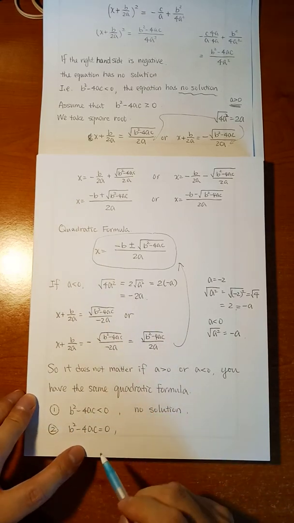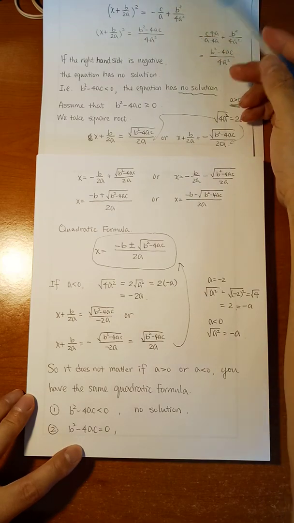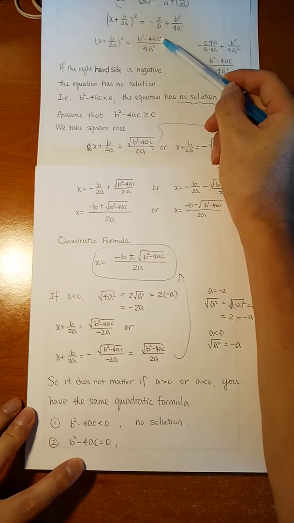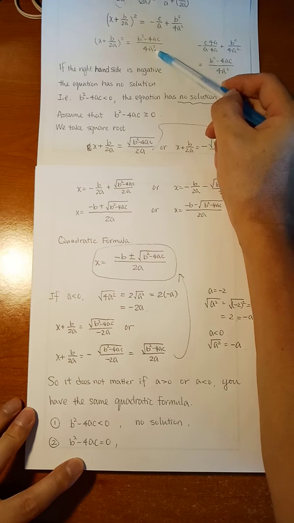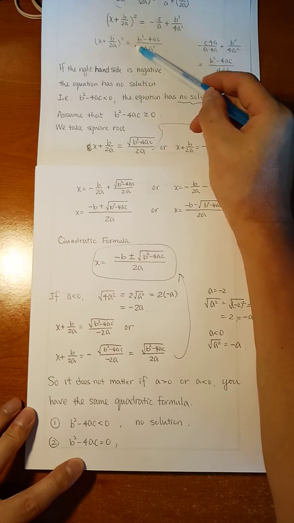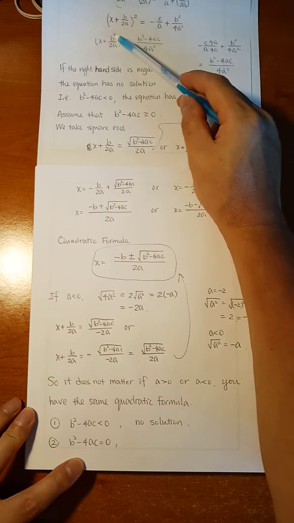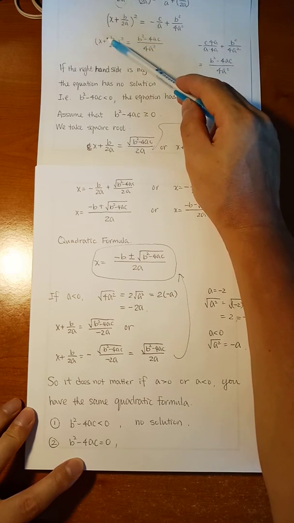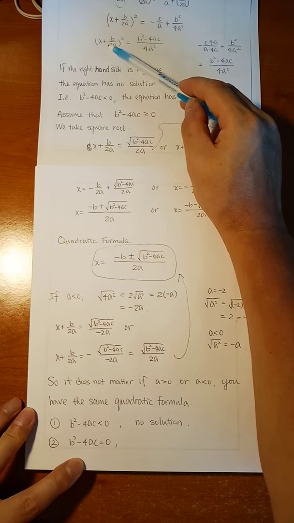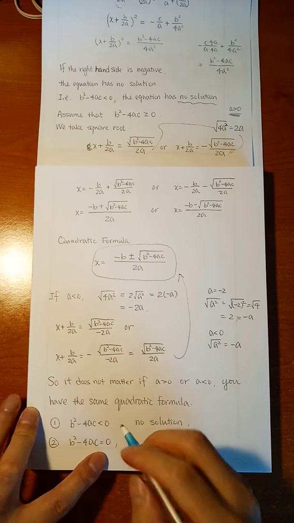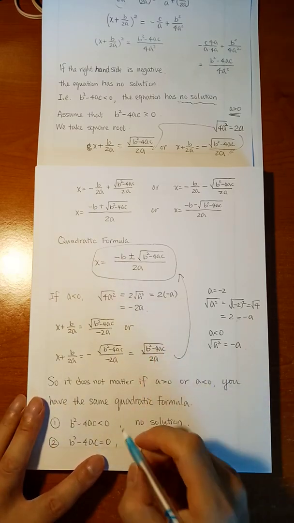When this quantity is equal to 0, then 0 over 4a squared is also 0. So the right hand side becomes 0. A quantity squared is 0 if and only if that quantity is 0. The left hand side, only 0 squared is 0. So there's only one solution, a repeated solution.